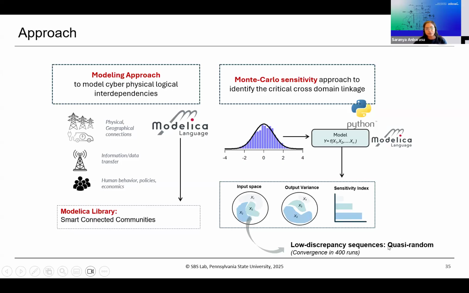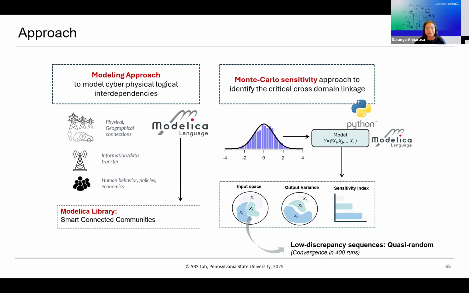For this one, we used quasi-random sequences because Monte Carlo simulations are typically run for 5,000 to 10,000 runs to get a good data set before starting analysis. But with our multi-physics models, we have to understand the underlying computation, so we can't run 10,000 or 20,000 simulations.